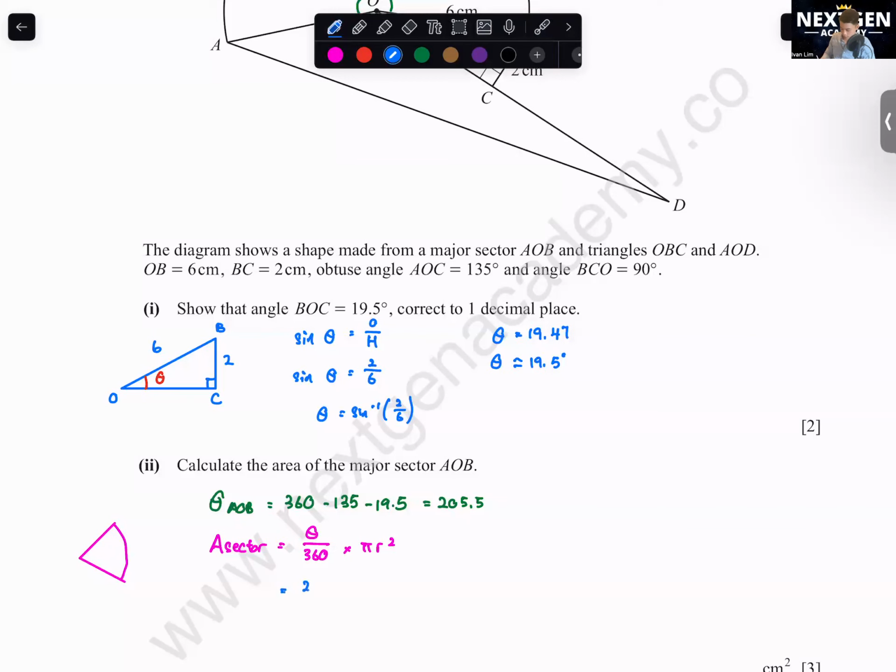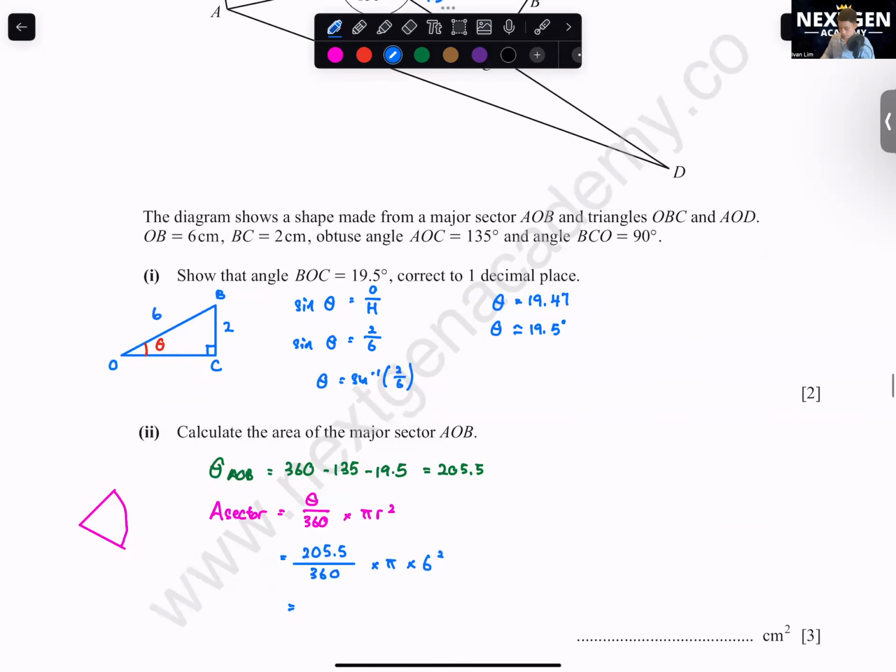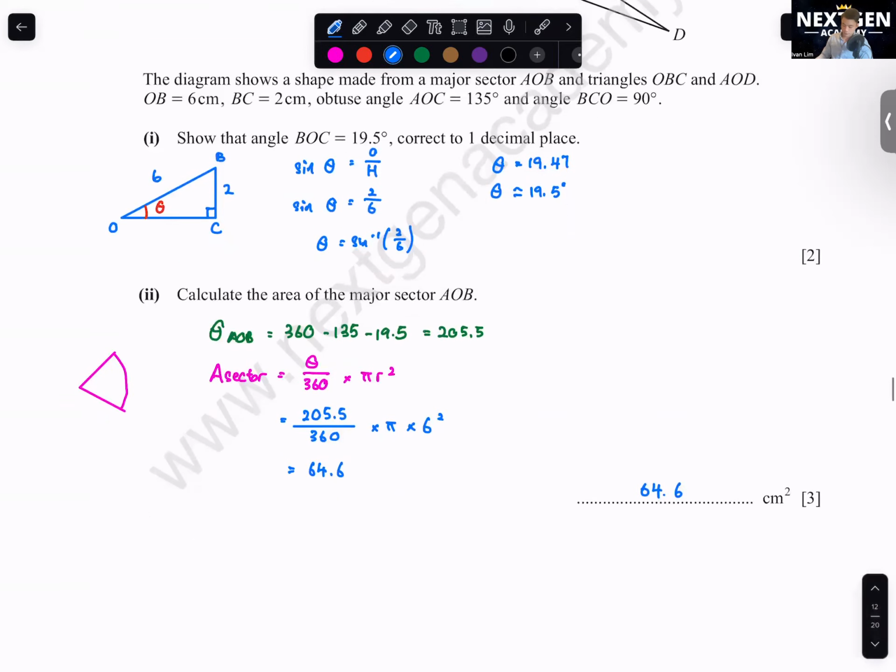Theta, 205.5 over 360 times pi times 6 squared. Okay, calculate this. You should get 64.6 cm squared. Okay, area of the major sector AOB.